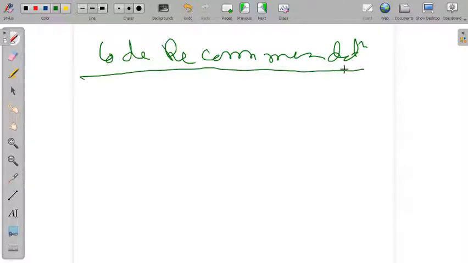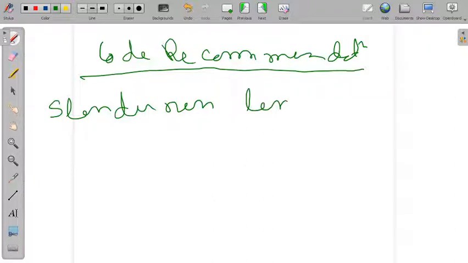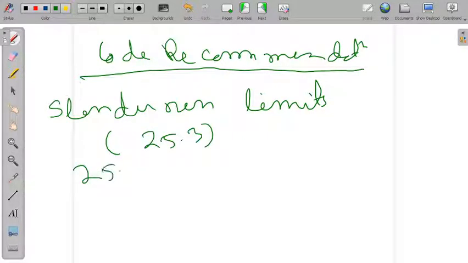First of all, the code recommends regarding the slenderness limit. This is given in clause number 25.3. Under that, clause number 25.3.1, this is available on page number 46.